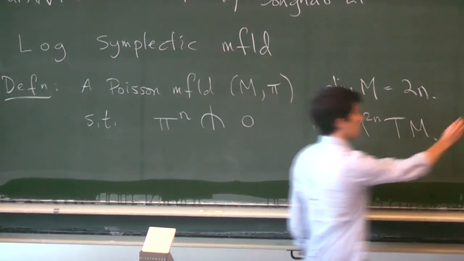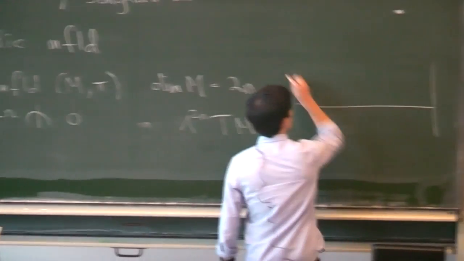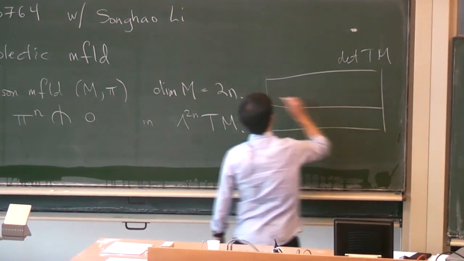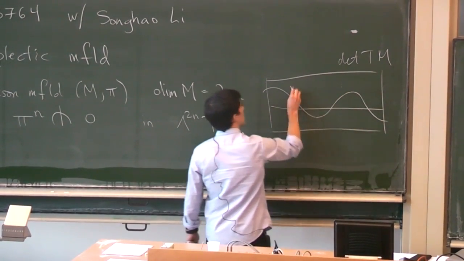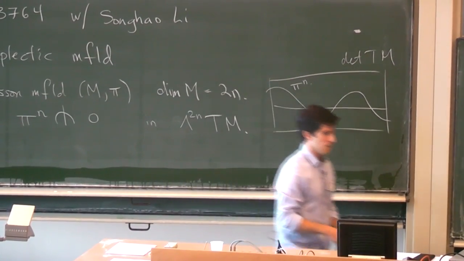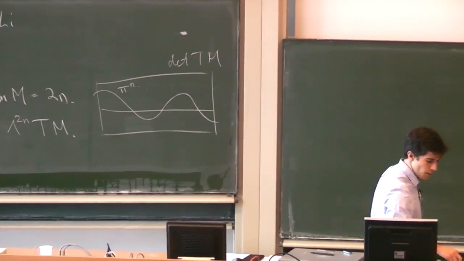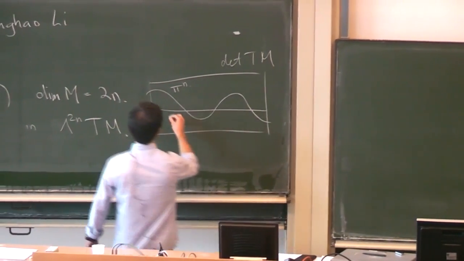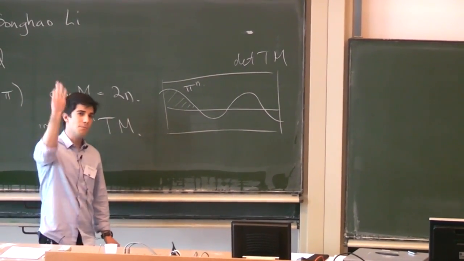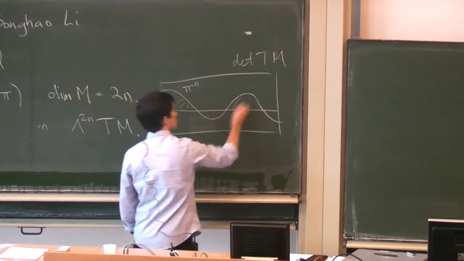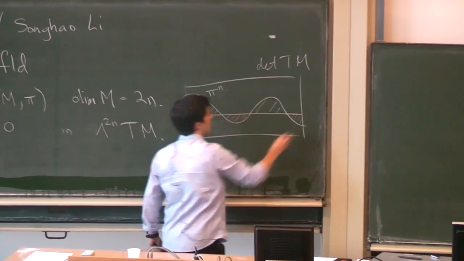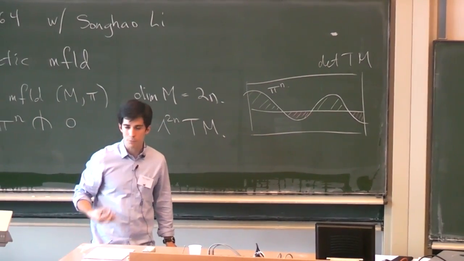Okay? So, if this is the determinant line bundle, then the Pfaffian is going to be vanishing transversally, which means that in some regions you're going to have, let's say, a positive symplectic form, and in other regions a negative symplectic form. I say positive and negative if there's an orientation placed on the manifold.